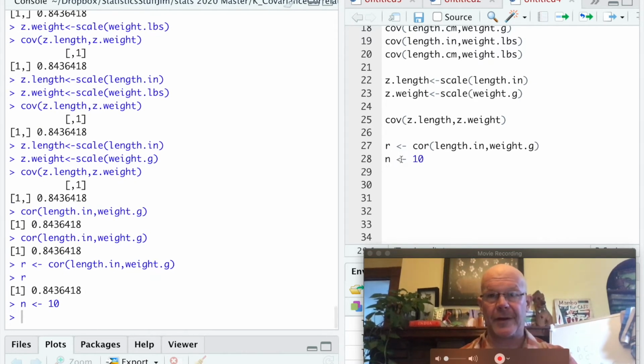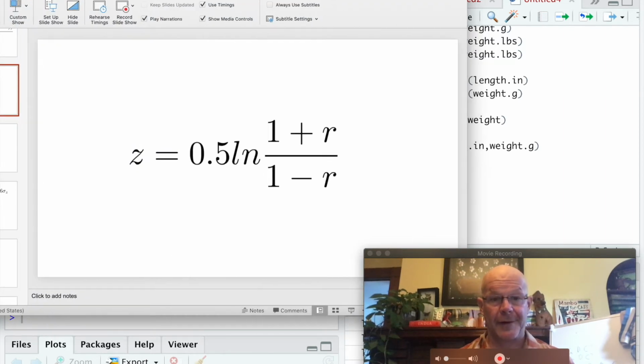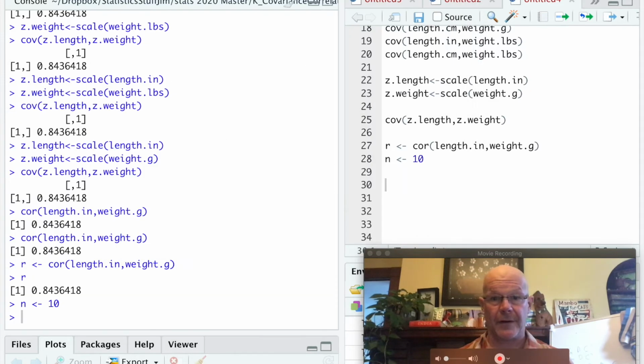We have 10 observations. And so the first thing that we're going to want to do is that Fisher's r-to-z transformation. So we are going to take 0.5 times the log of 1 plus r divided by 1 minus r. And I'm going to call that object z, because now we're going to be in z land.